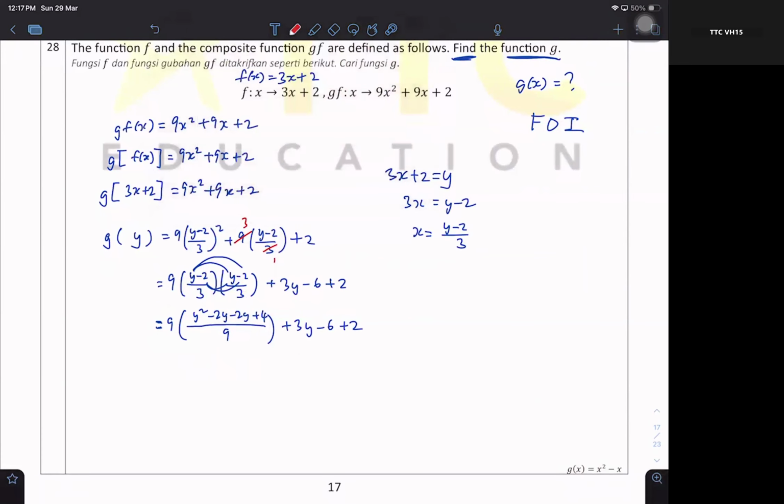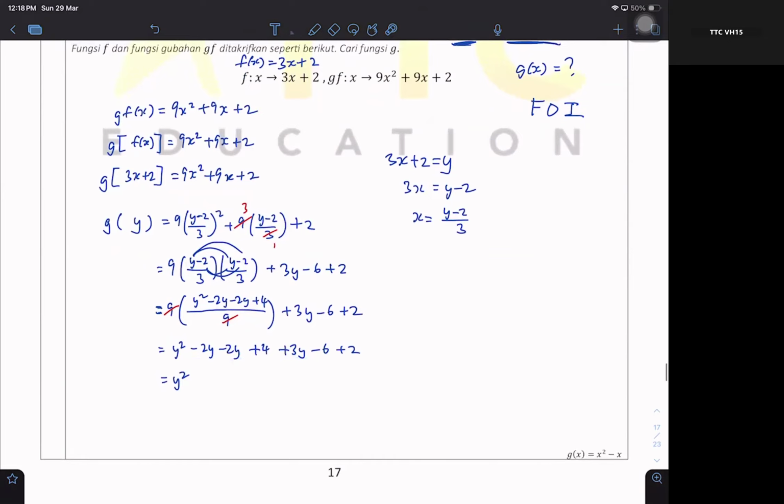And then next step, you can cancel the 9 and 9, same, cancel. So it becomes y squared minus 2y minus 2y plus 4 plus 3y minus 6 plus 2. Finally, minus 2y minus 2y plus 3y is minus y. And then 4 minus 6 plus 2, press calculator, is 0. No more. So all these are g(y).